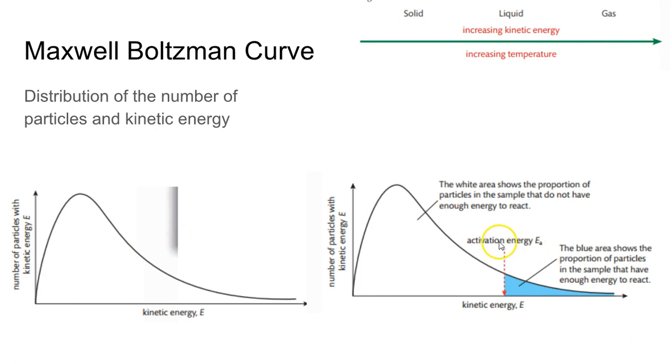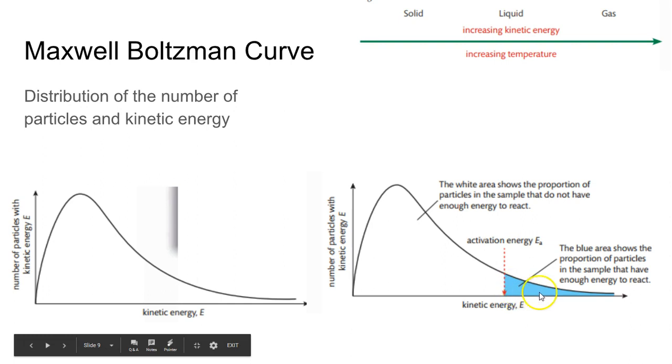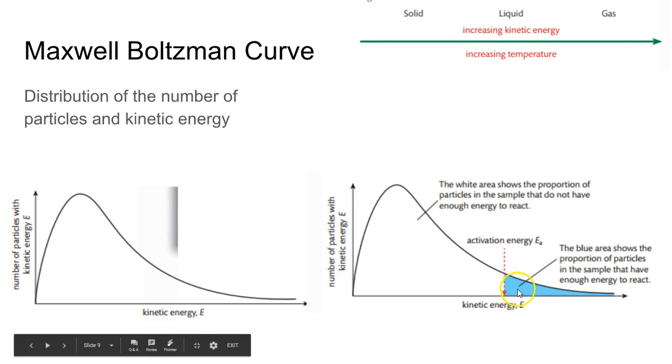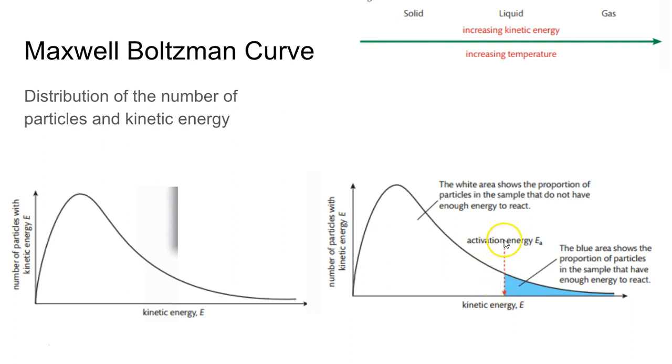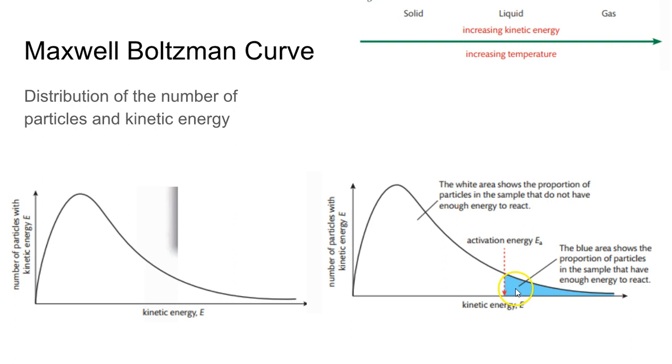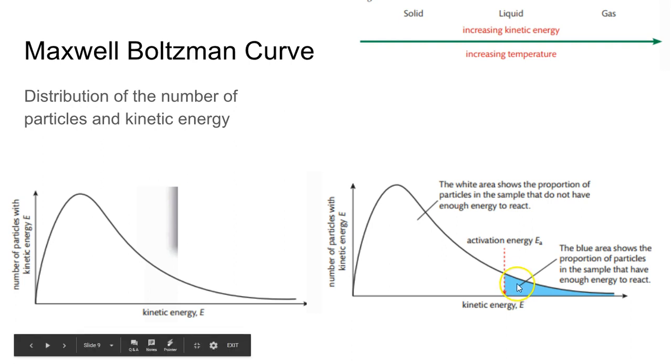Now, if we're looking at this in terms of reactions, remember, for a reaction to occur, you have to overcome the activation energy. Activation energy is the energy needed for a reaction to occur. And so the particles that have enough energy to react are going to be the ones that have more energy than the activation energy. And so this blue area here is the distribution of particles that have enough energy to react.